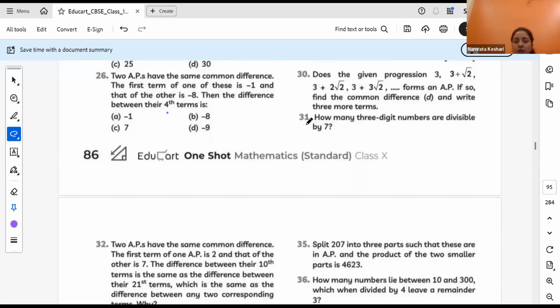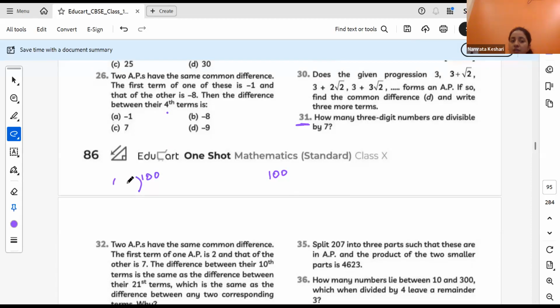Question number 31. How many three-digit numbers are divisible by 7? Three-digit number starts from 100, right? But the question is, is it divisible by 7? No. So what can we do?